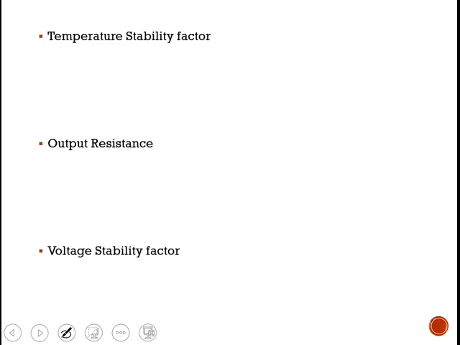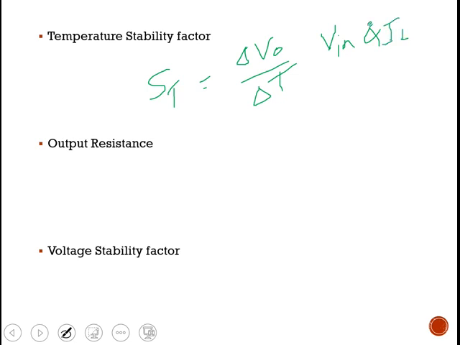So we can define the temperature stability factor as the variation of the output voltage of the regulator to the variation of the temperature when you keep the input voltage and load constant. When you consider input and the load constant, the variation in the output voltage to the variation in temperature is called the temperature stability factor.